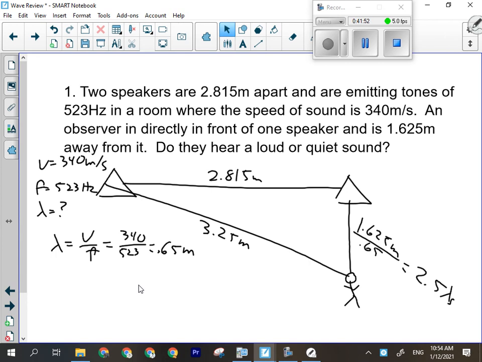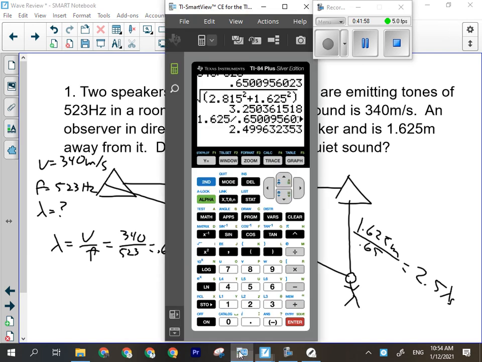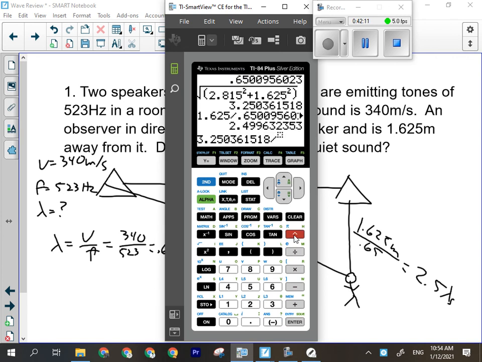Then I've got to do the same thing here. So I'm going to take the 3.25 and divide by 0.65. Actually, again, I'll use all my decimals here. Oops, oh, crap.